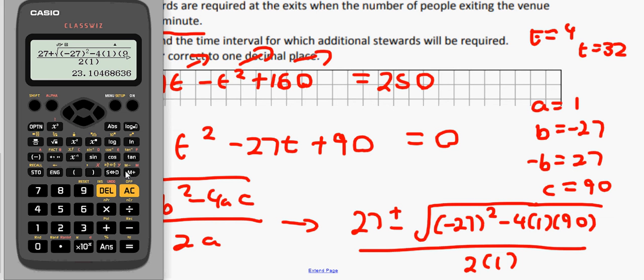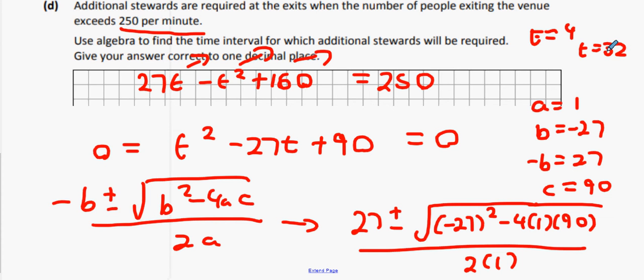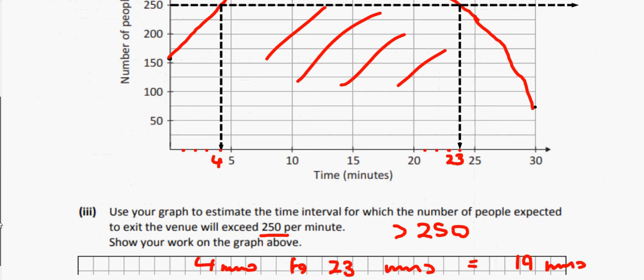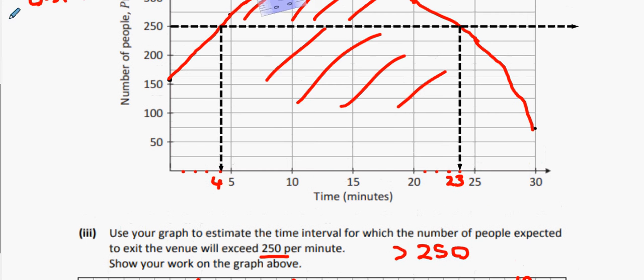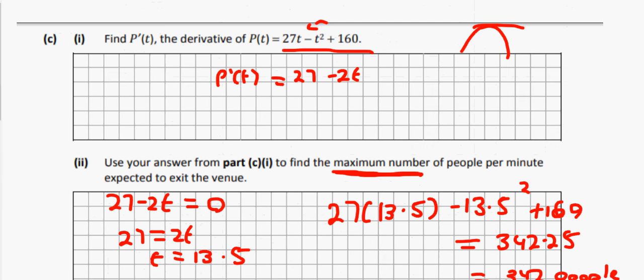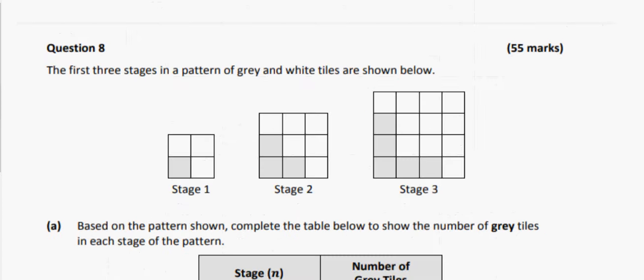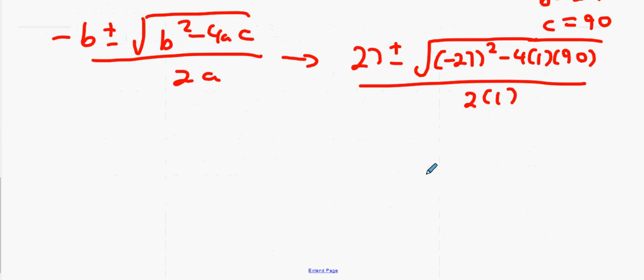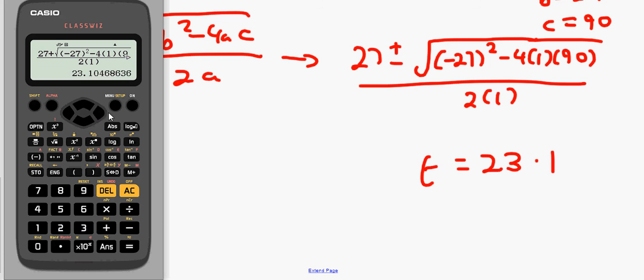Sorry, the answer wasn't 32, it was 23. So just go back a step. Yeah, 23 and 4, wasn't it? So what we're claiming now is that the answer is 23.1. And the other answer, you go back and you change that to a negative, 3.9.